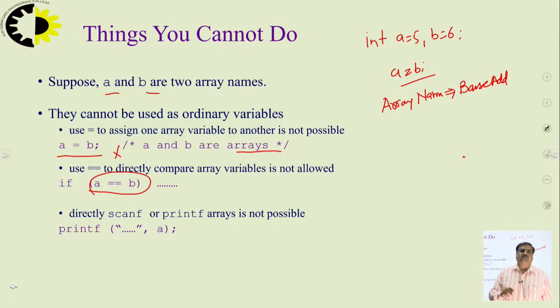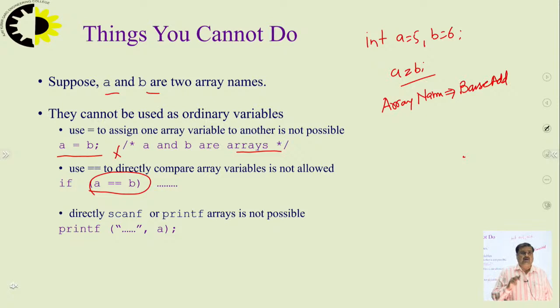So in such a situation we cannot consider these addresses for comparison. We need to compare the values, so that will be done in some other ways. We cannot directly use this equality operator with arrays.